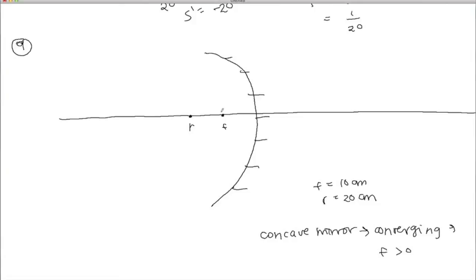It's upright and the same size, and it's real. But none of these give me that. But then is it inverted?